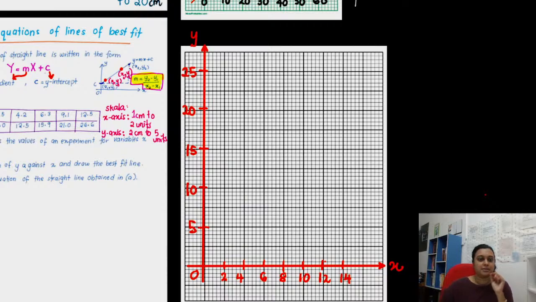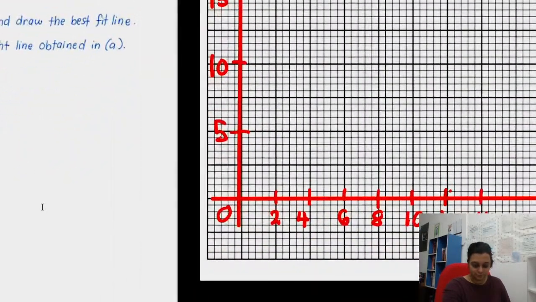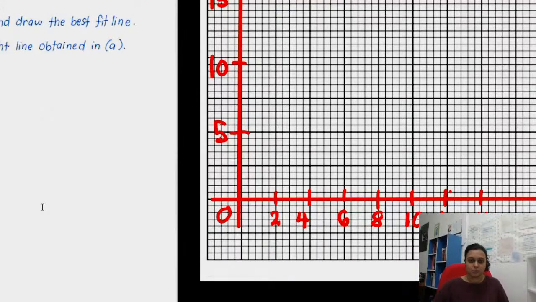Plot the points. The first one is 1.1 and 5.1. This is 0.2 divided by 5, 0.4, 0.8, so 1.1 is somewhere here, 5.1 is somewhere here.